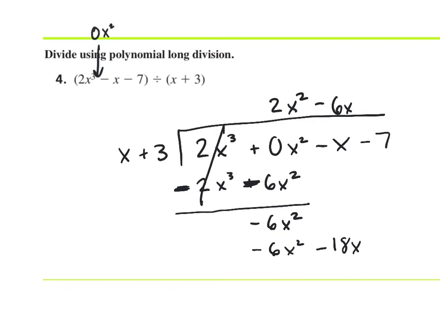What do we do from here? Change the signs. Then add. These cancel. What are we adding to this 18x? Negative x. So what's negative x plus 18x? 17x. What do we do next?